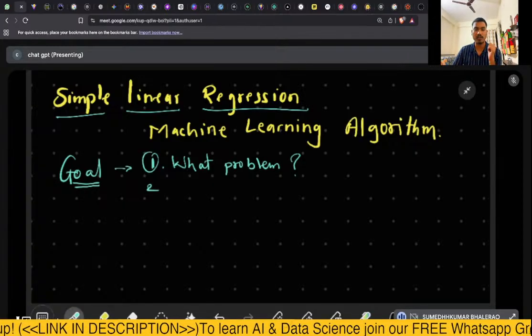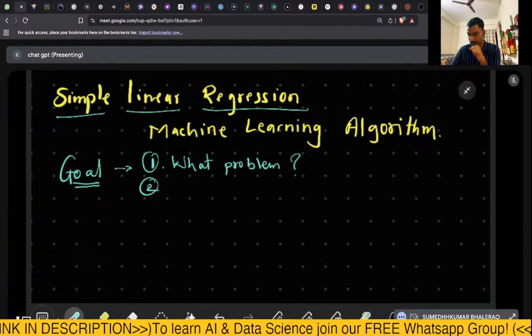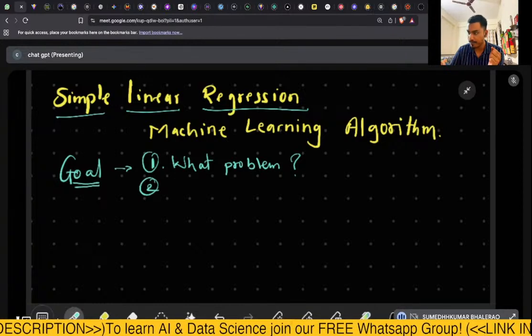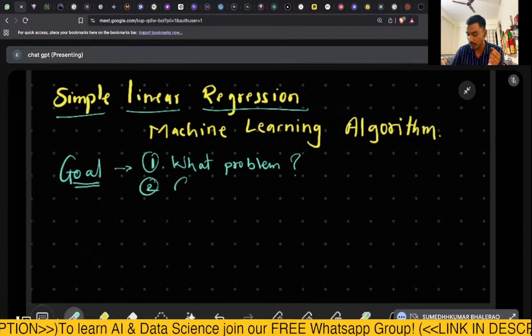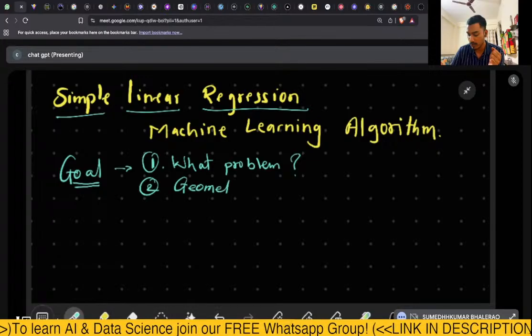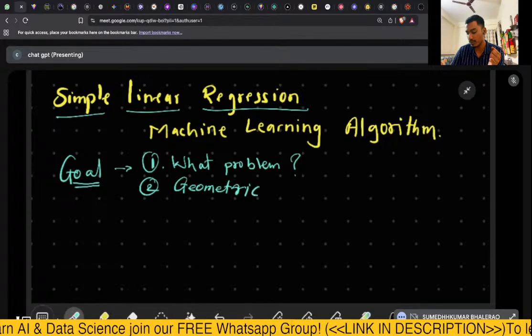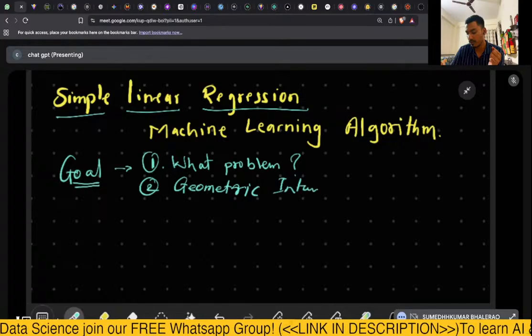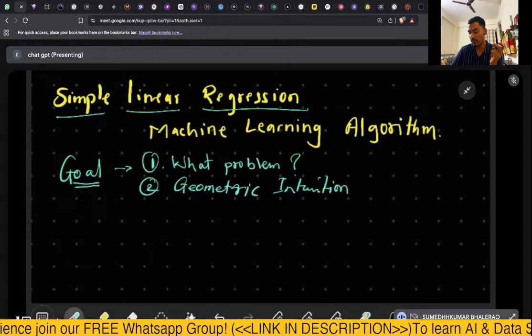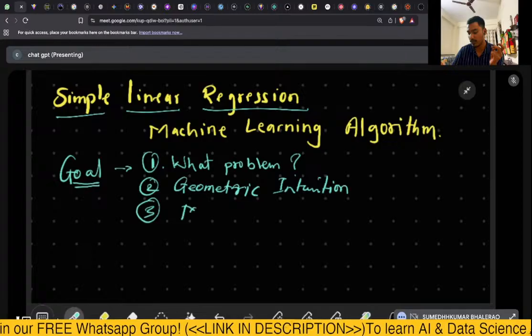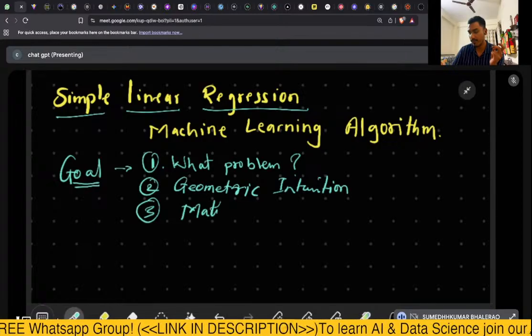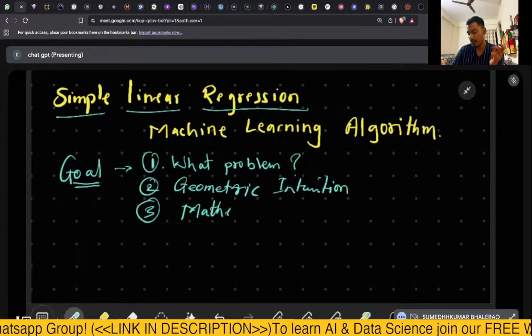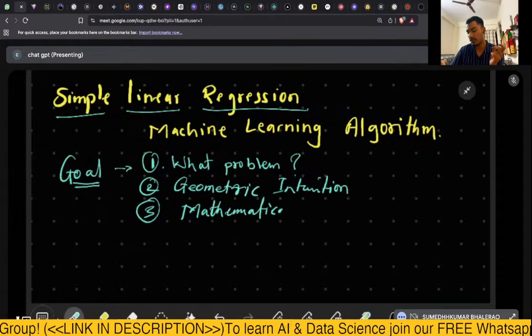The second thing that we are going to learn is geometric intuition. And the third thing we are going to do is mathematical intuition.